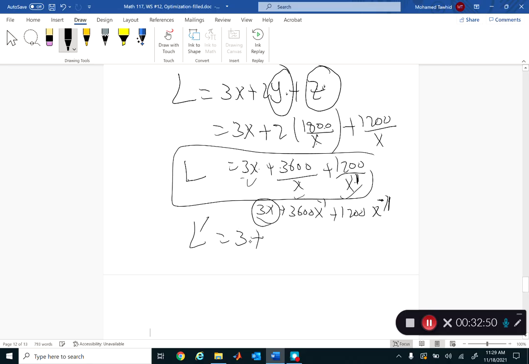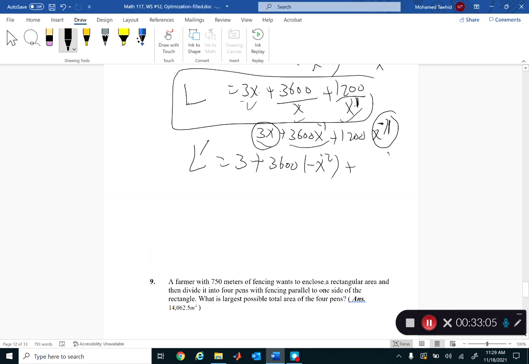The derivative of 3x is 3. The derivative of the second term will be 3600 times negative x to the power of negative 2. And for 1200, the derivative of x to the power of negative 1 is negative x to the power of negative 2.